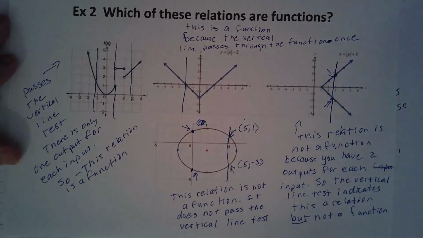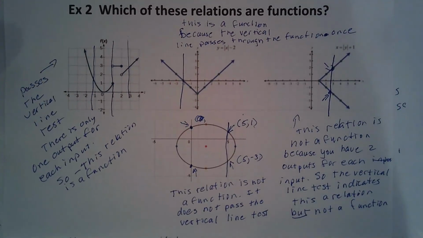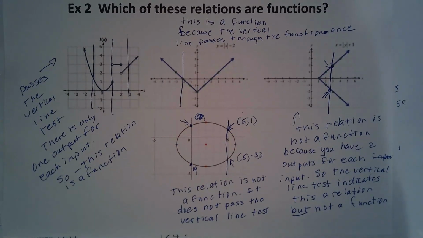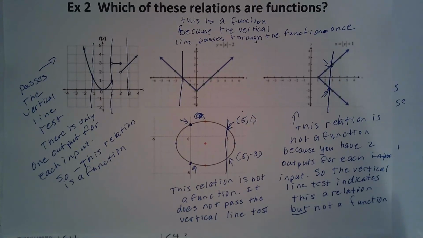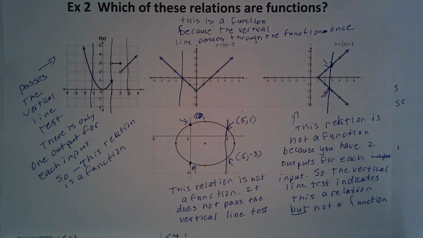That tells you a bit about how functions behave. Functions, again, have only one output for each input. When graphed, you can see visually that if you have more than one output for each input, then a vertical line will pass through the function or the relation more than once. And that means it's just a relation, not a function.